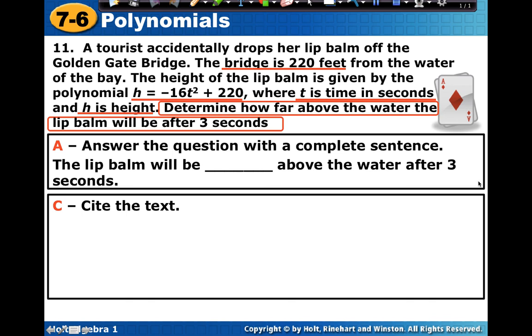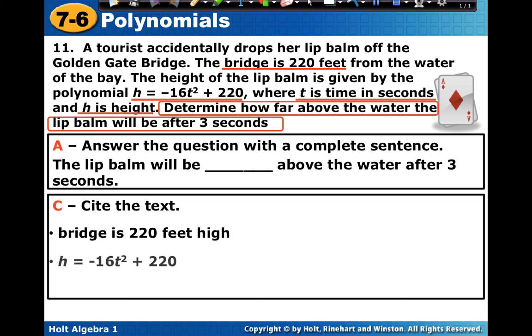All right, the cite is where we're going to take all of our important information and write it down. So we're going to cite the text and what's important. The fact that the bridge is 220 feet high is important, so we're going to write that into our cite box. We're going to write down our equation, which is h equals negative 16t squared plus 220. That's important, so that's also going to go into our cite box.